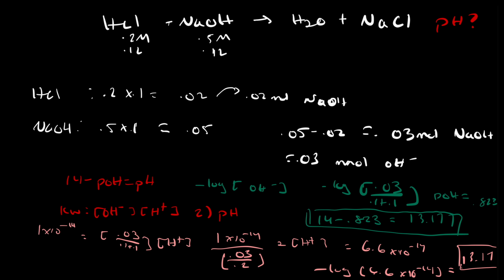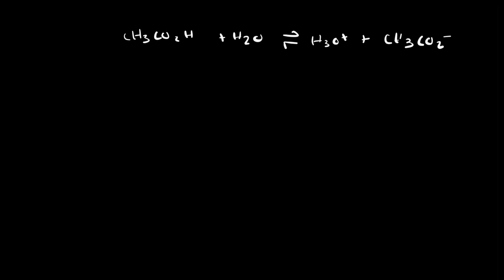Okay, so let's now move on to the other type of problem we can get, which is calculating Ka and Kb for a reaction. Let's say with this reaction, we have acetic acid, which is CH3CO2H. We're combining it with water, and this one is in equilibrium with H3O plus and CH3CO2 minus.